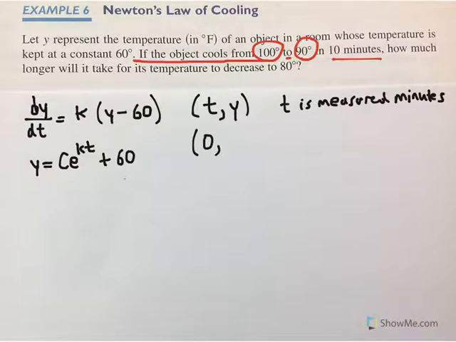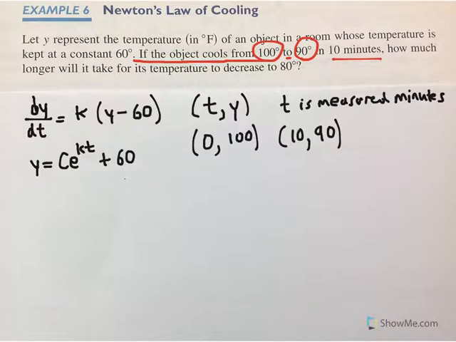At the time that our observation begins, time is 0 minutes, and the temperature of the object is 100 degrees Fahrenheit. And 10 minutes later, the temperature of the object will be 90 degrees Fahrenheit. So that's our given data.